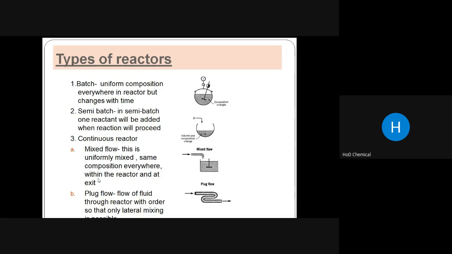In the plug flow reactor, the fluid flows in and no mixing takes place. The fluid is given as input, and after the reaction happens, the product is released. In the plug flow reactor there is no mixing or external force.